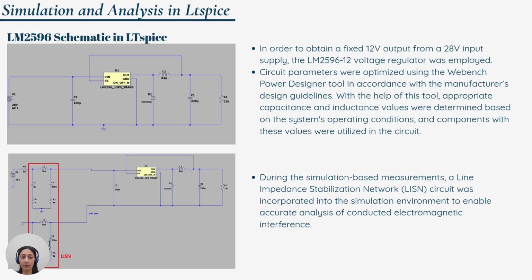Here you can see the unfiltered version of our circuit simulated in LTspice. In the CE102 standard, measurements are taken from positive and negative terminals through a line impedance stabilization network. So we included the LISN model in our simulation, and you can see our buck converter with this LISN integrated.